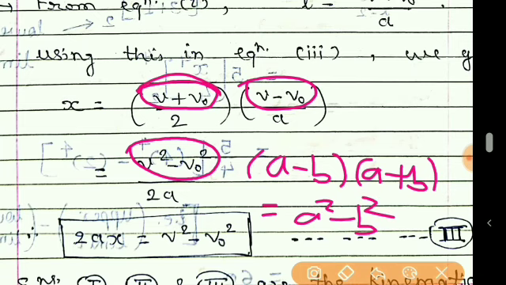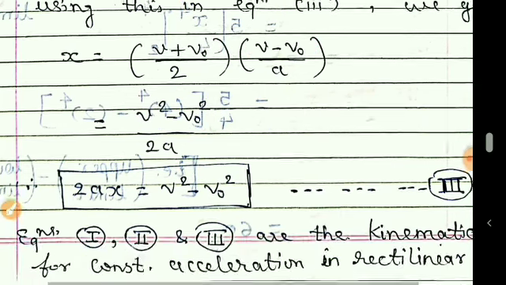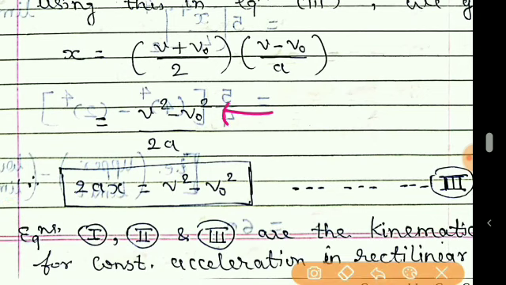So it is the same here. You can see here it is plus in between and here it is minus, and there is multiplication. So you will get this term upon 2 into a. Now bring this 2a to the left side.